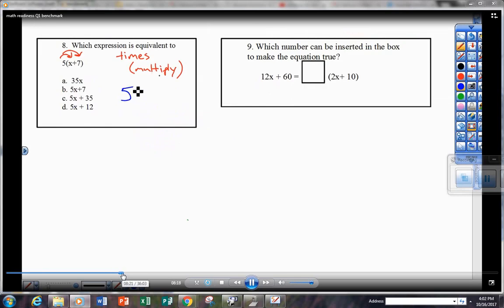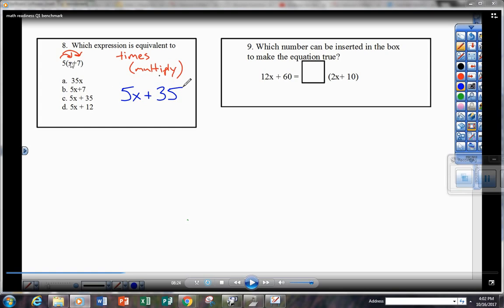Alright, problem 8. This one has you take and distribute. So if I take that 5 and I distribute, I know I'm distributing there because there's nothing between that 5 and parentheses. 5 times x, that's where I get 5x. That same 5 all the way down here times 7, that's where I get 35.